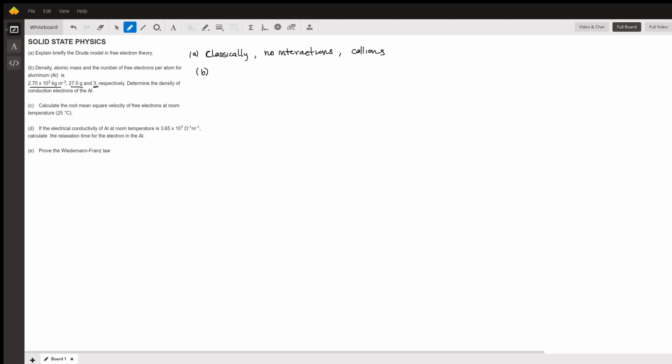To get the number density of electrons, I'm going to call it N, this is simply going to be the density, so 2.7 times 10 to the 3 kilograms per meter cubed, divided by the mass. That's going to give us a number per meter cubed, and this mass is converted to kilograms.